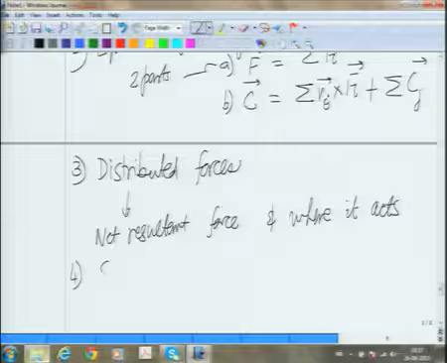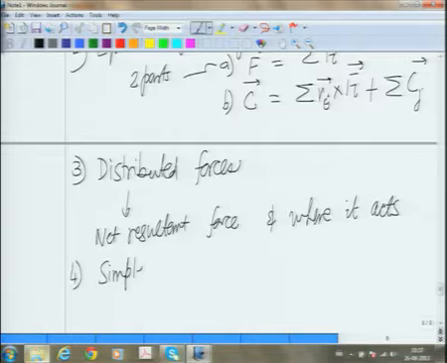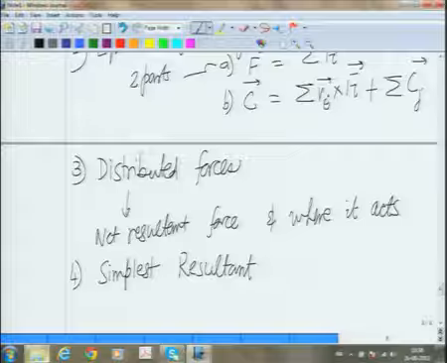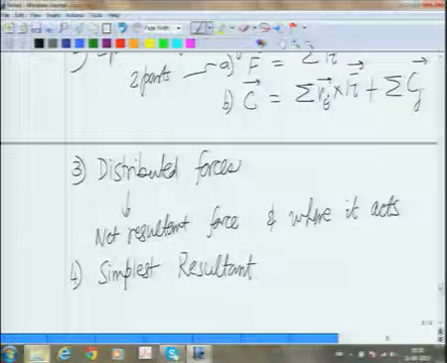and then we came to this concept of what we called the simplest resultant. What did we do in simplest resultant? We talked of two cases. If there is a case of planar forces, then we said we can replace all these forces by a single force, but acting along a special line, which we have to determine, then that force will effectively act at the same point.